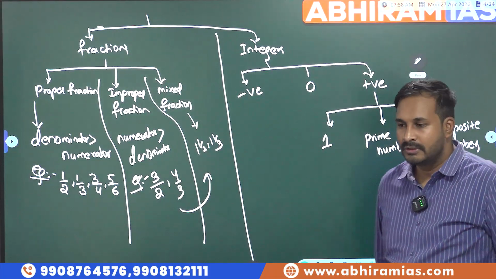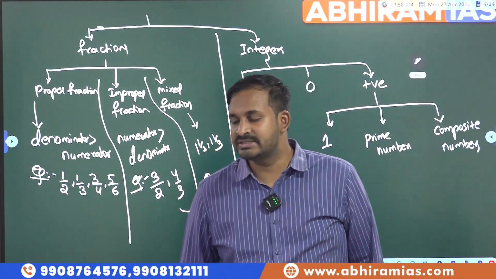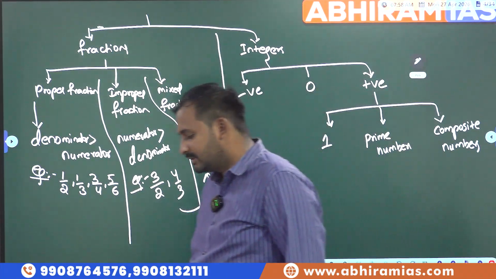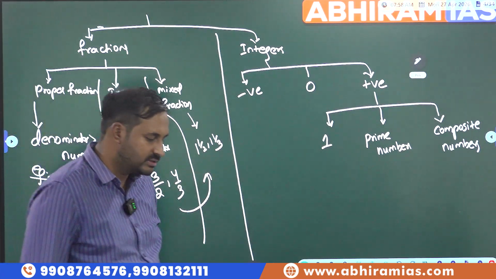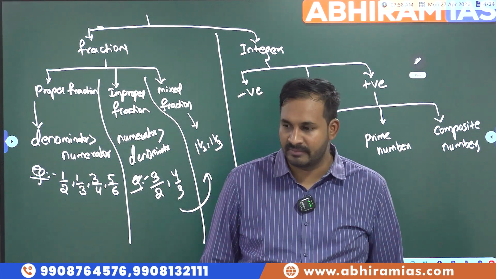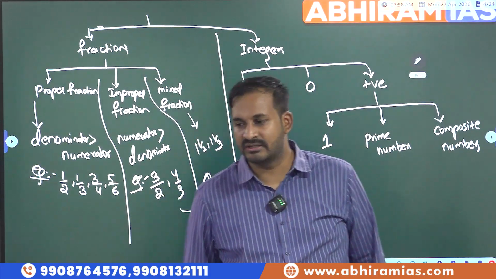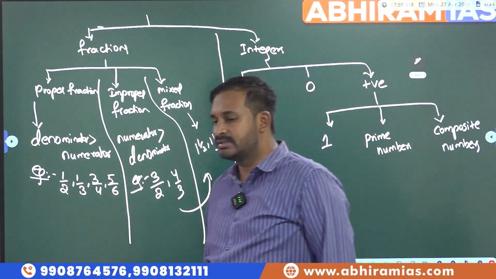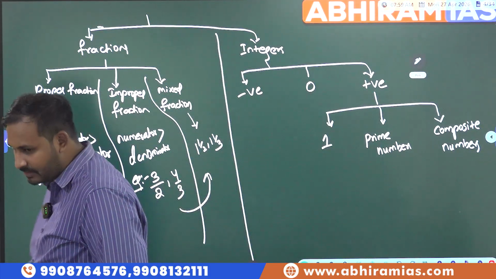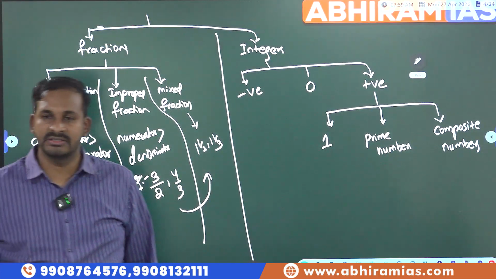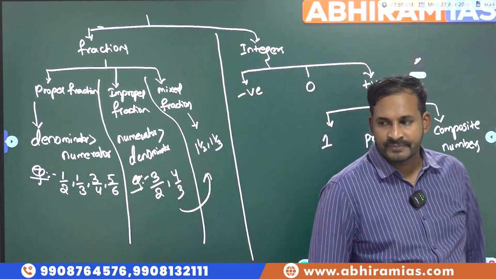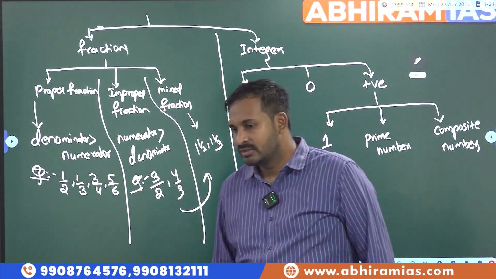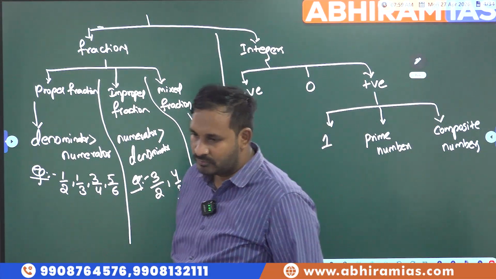Next point, there is only one set of three prime numbers whose difference is 2.